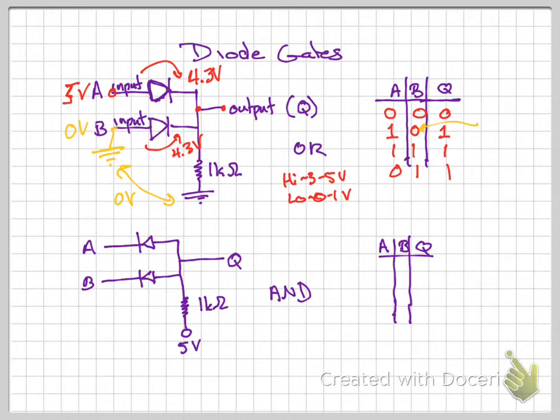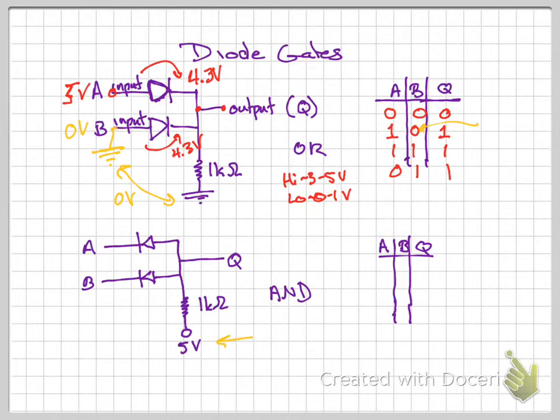So for the AND gate, I said I wasn't going to do it, but what I want to point out is that if A and B are 5 volts, then there's not going to be any current flowing in this circuit. Just think about that. Here we are powering this with 5 volts.